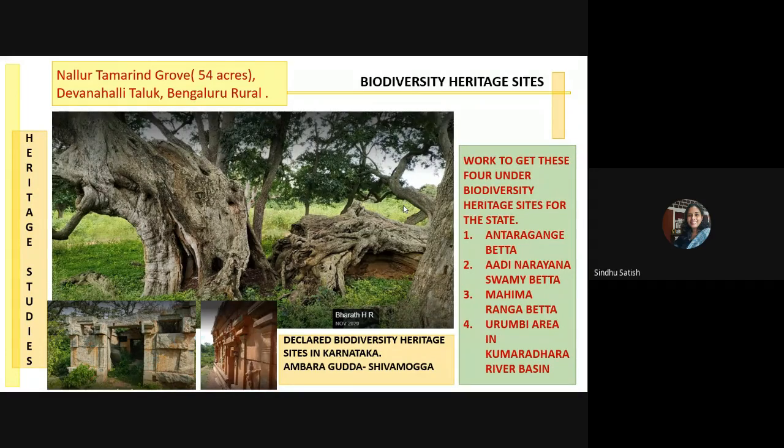If this project happens, they would all face threat and ultimately submerge. That was the concern expressed by them, and that's why they are now focusing on recognition as a heritage site for protection from the government.